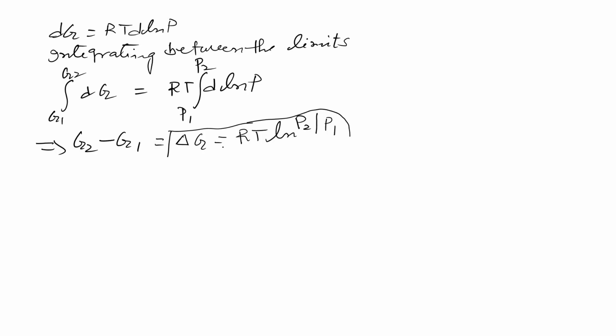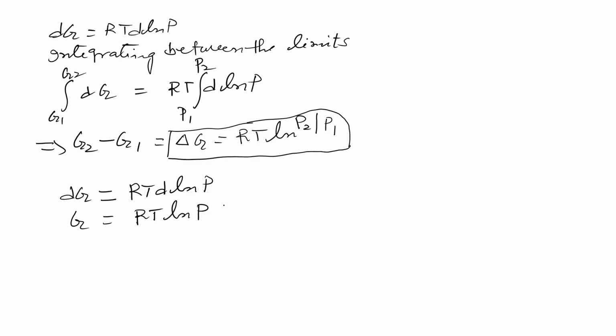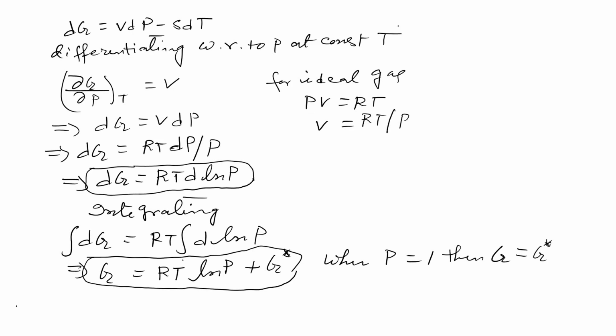And these all are for ideal gas. So for ideal gas, what all equations did we get? One is dG equals RT d ln P. Another one we got is G equals RT ln P plus G star.